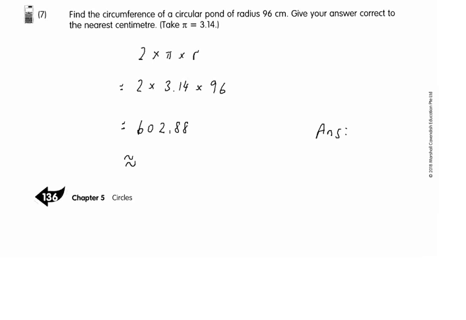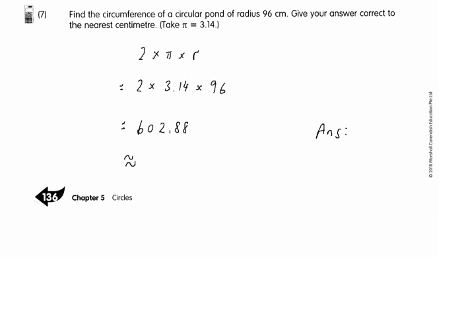Xuan Wei just told me it's 602.9. It's nearest centimeter. It's too late. By that time, you have already minus how many marks during exam? Did they say one decimal place or not? When they say nearest centimeter, what does it mean? Nearest what? Whole number, right?